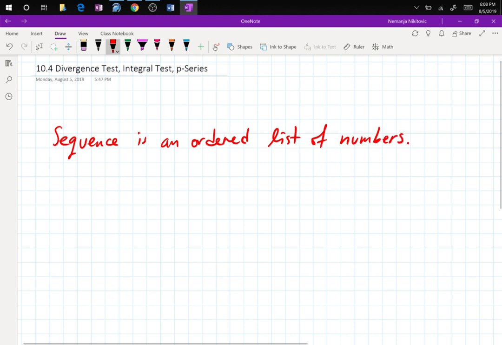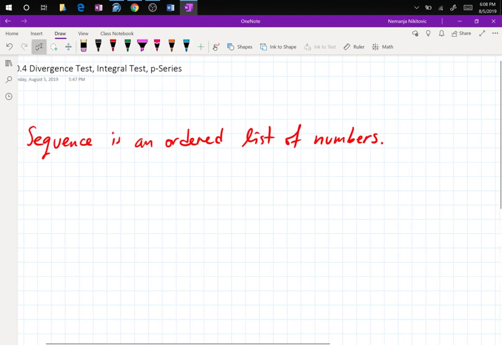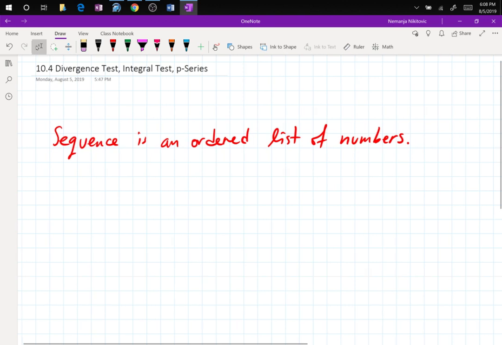It was ordered through the set n, and we had some formula that generates the list. All the values in that sequence were separated by commas. So we would have something like a_n equals a0, comma a1, comma a2, comma a3, comma dot dot dot, going on forever.